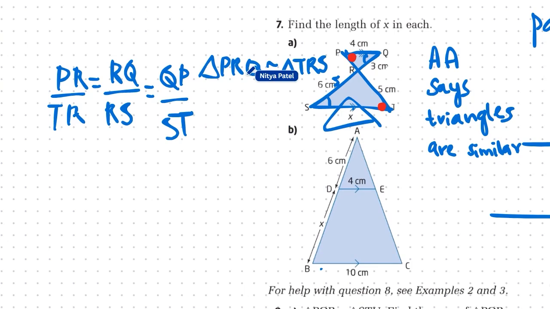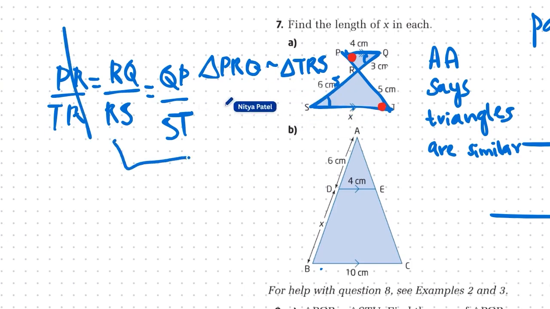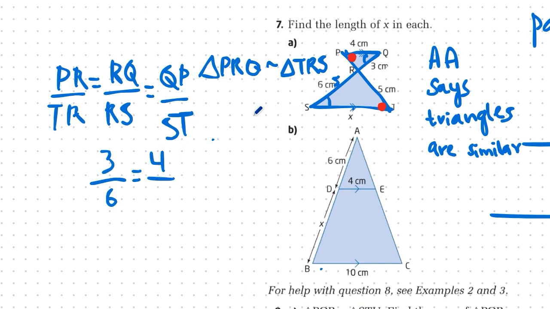I plug in the values. PR is X. We don't like missing values, so we ignore this. RQ is 3. RS is 6. QP is 4. ST is X.